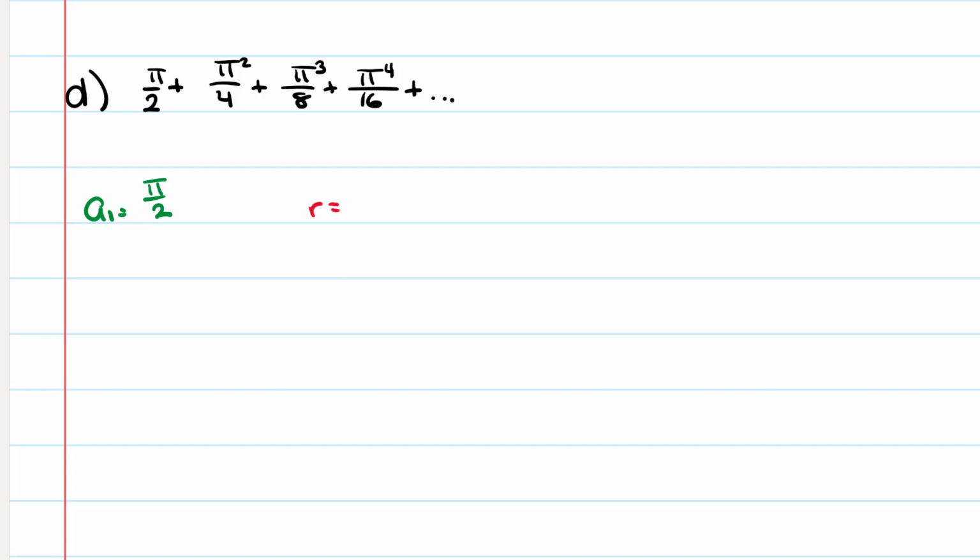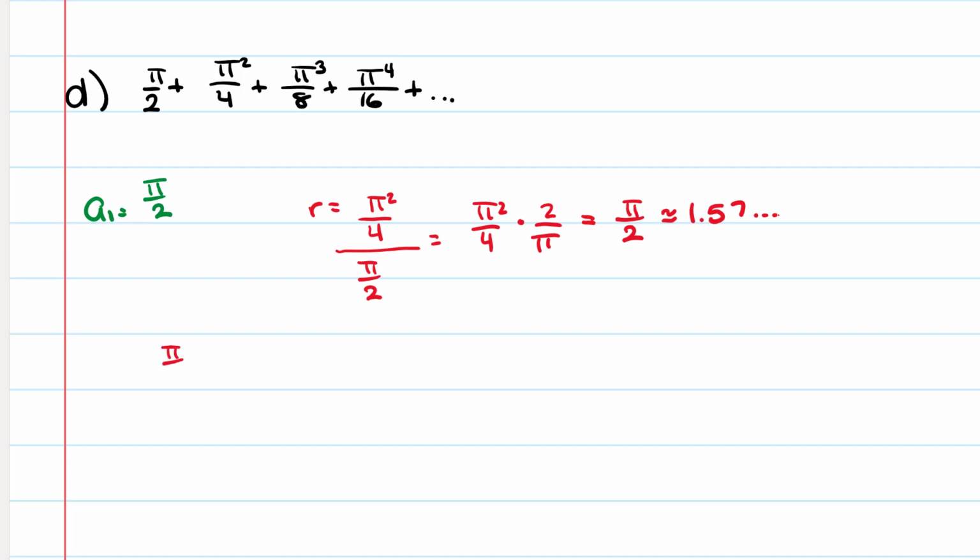So to find r, I can go pi squared over 4 divided by pi over 2, which is pi squared over 4 times 2 over pi, which gives me pi over 2, which is approximately 1.57. So then pi over 2 is greater than 1, therefore this is going to diverge. And we don't even have to use the formula because it diverges.